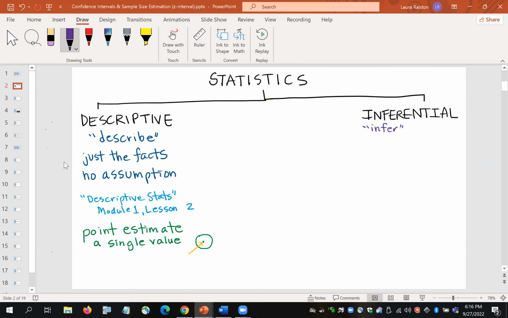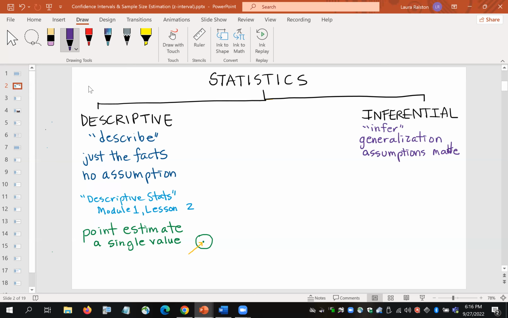It has the sense that we're going to make a generalization about the population, but that generalization requires us to make some assumptions.